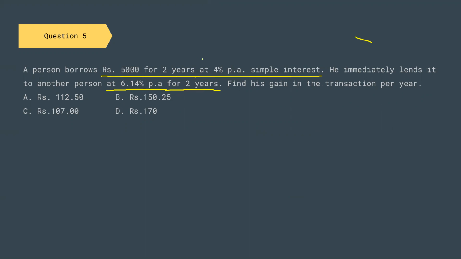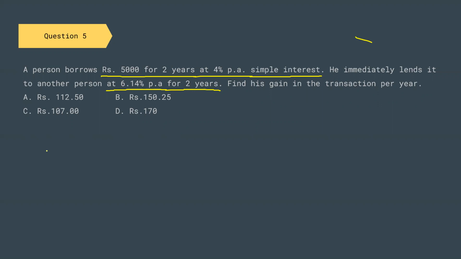So first of all, a person borrows money at 4% per annum simple interest. Then whatever money the person has borrowed, he has lent to somebody else at 6.14% per annum. So what is the total gain in this final transaction?